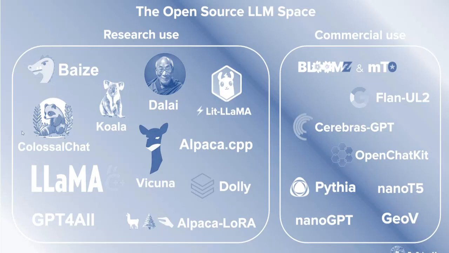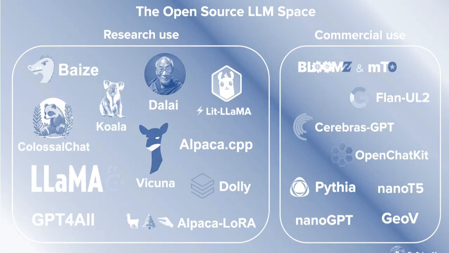Here are a few models distinguished by the type of license. They are all open source licenses, but some models can be used for commercial purposes, as shown on the right, while others are developed for research or non-commercial use. Additional models include Colossal Chat, which integrates the development phases used for ChatGPT, including reinforcement learning. There are also models developed by companies like Databricks, such as Dolly, and its variants like Alpaca and Alpaca.